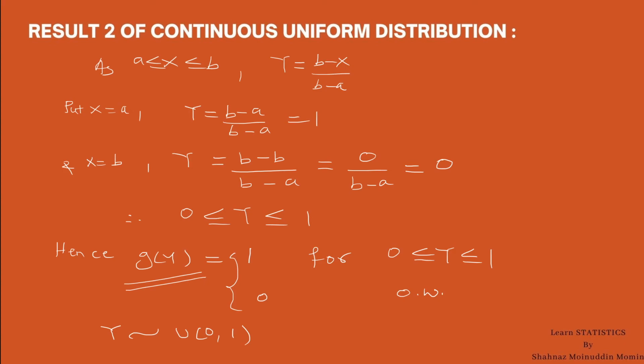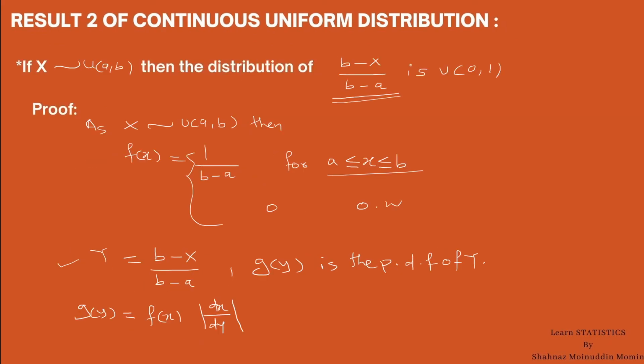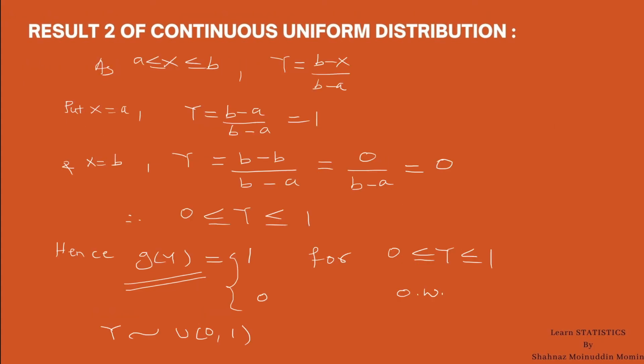Therefore, we will say that if X follows uniform over a to b, then its univariate transformation b minus X divided by b minus a follows uniform 0 1, which is the proof of our result. Hence, the result.